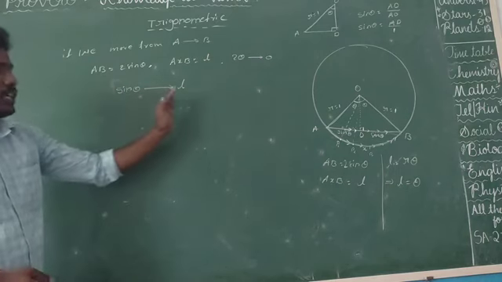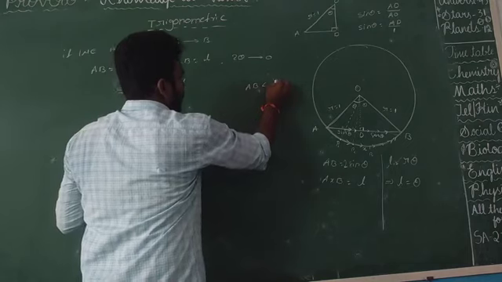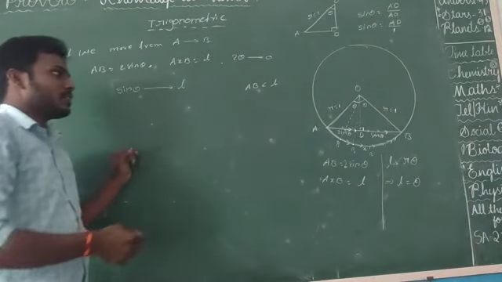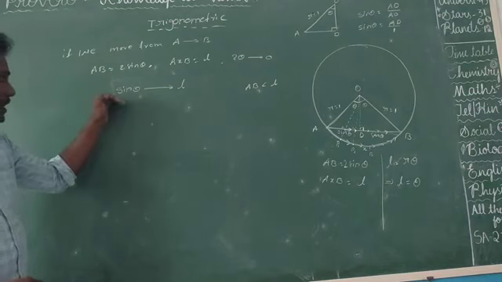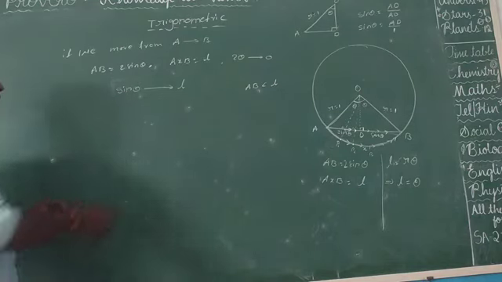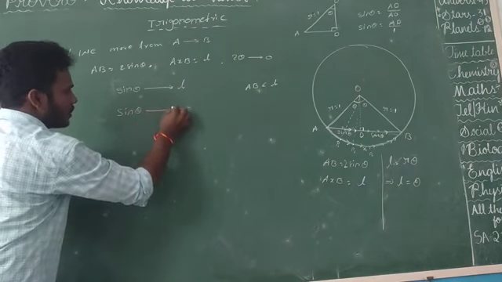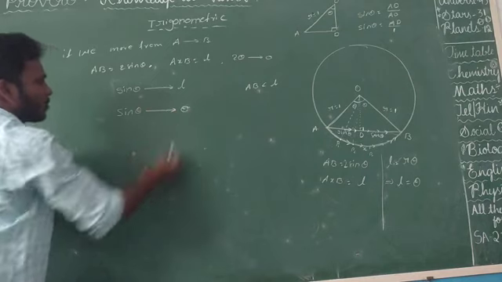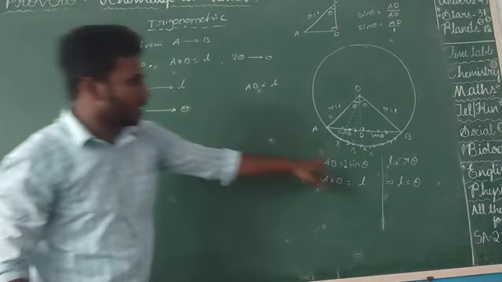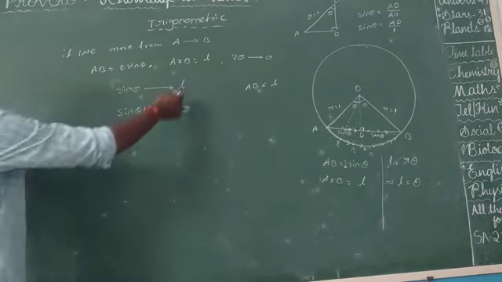These two gradually approach each other, but AB is always less than L, so chord length is always less than length of arc. Sin theta is gradually moving to theta. Why? Because L is equal to theta, the length of arc equals the central angle value. That's why I can replace this one.